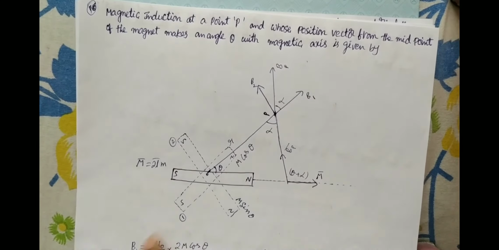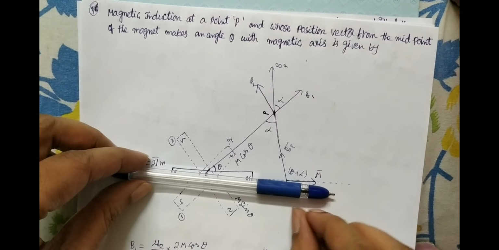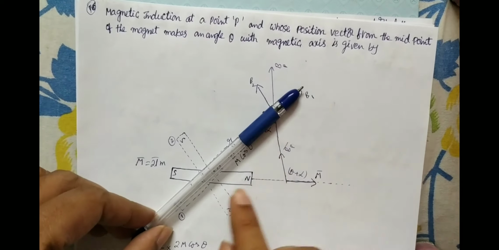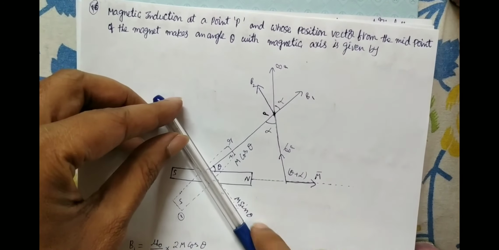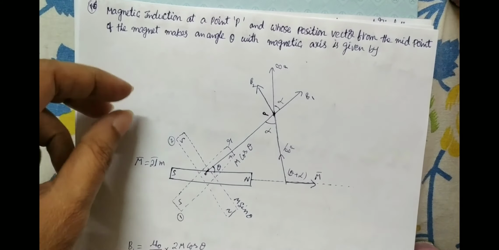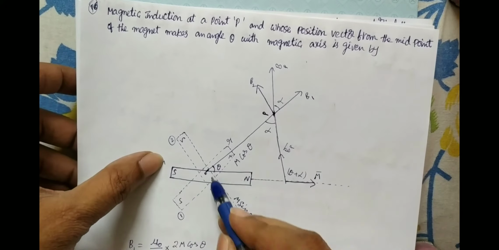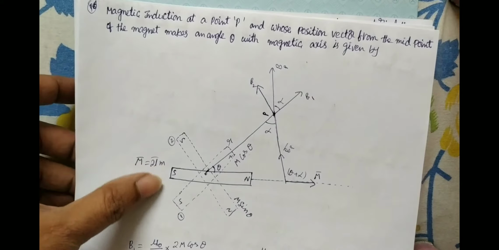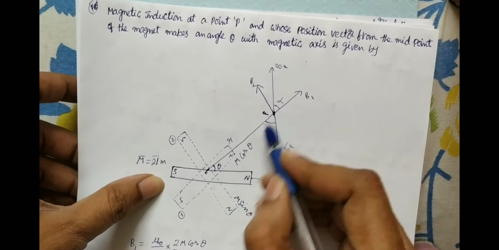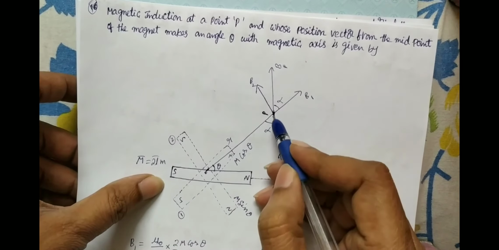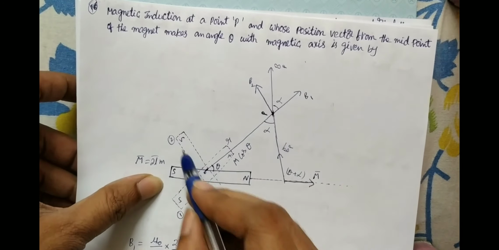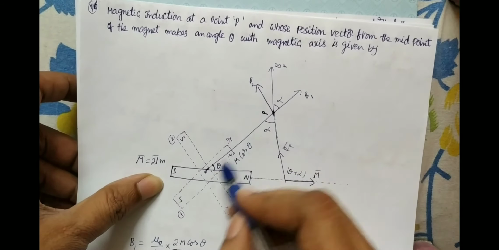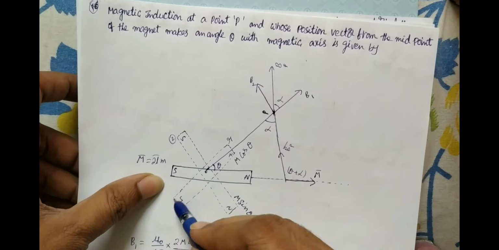Along this line we can resolve m cos theta, and perpendicular to this line we can resolve m sin theta. So here m cos theta and m sin theta. Point P is on the axial line for m cos theta, and for m sin theta it is the equatorial line. Like this is the equatorial line, perpendicular to this magnet and parallel to this magnet.